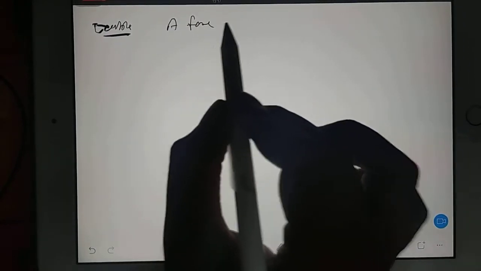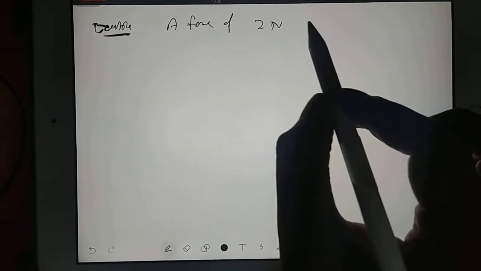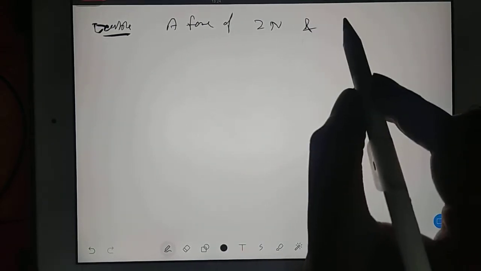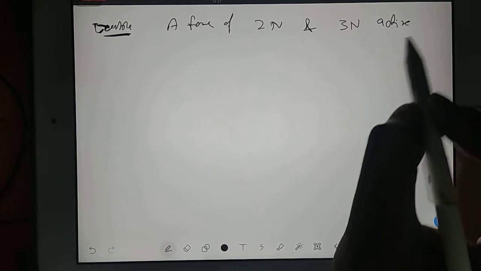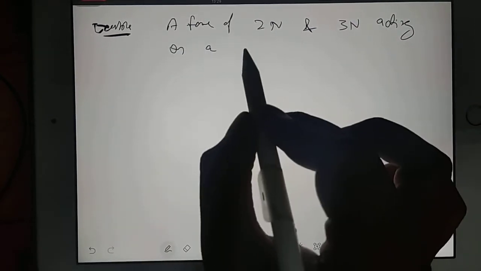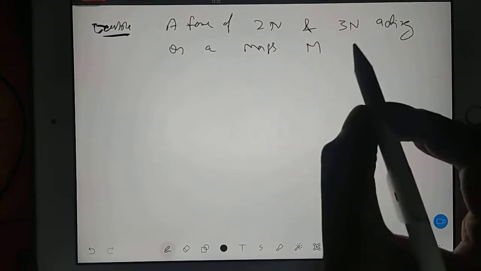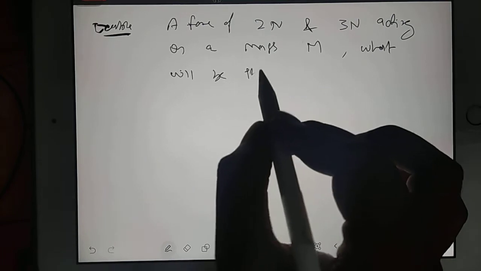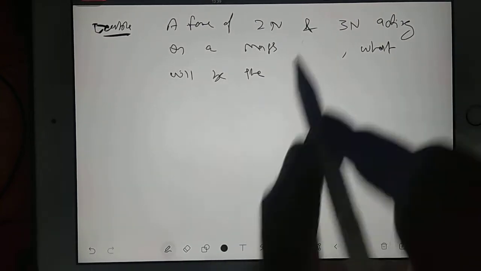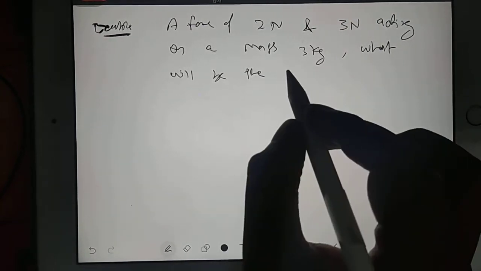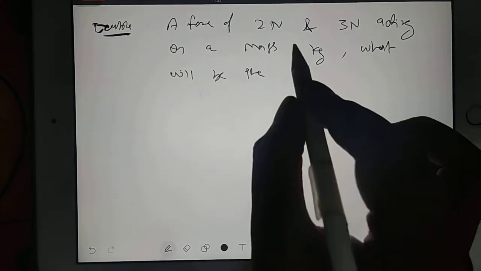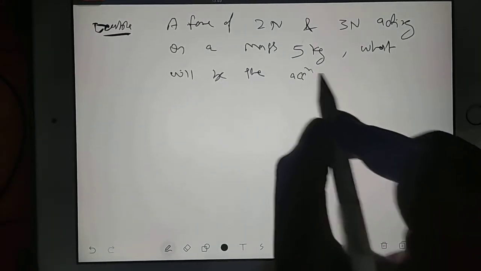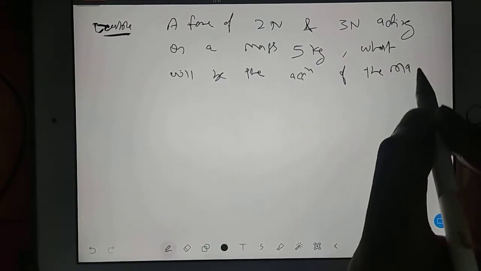a force of 2 Newton and 3 Newton acting on a mass m. Of mass m, you remove, you write mass 3 kg. What will be the acceleration of the mass?